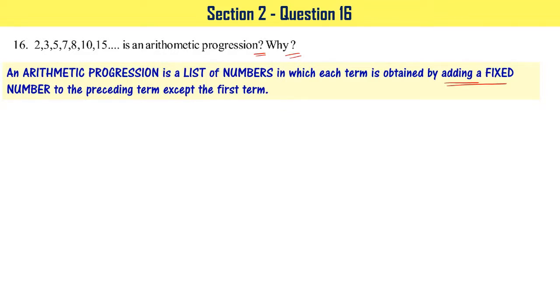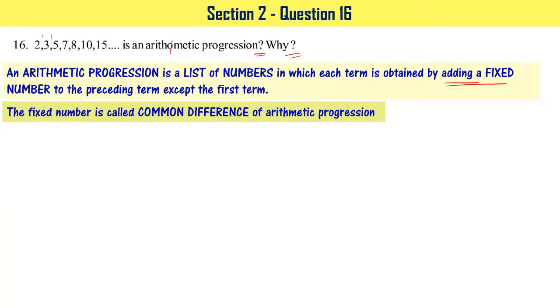It means when you add some fixed term to 2, you will get 3, and when you add the same fixed term you have to get 5 and so on, right? That is the whole idea. If it is an arithmetic progression, then that has to be satisfied. The fixed number is called common difference of the arithmetic progression.